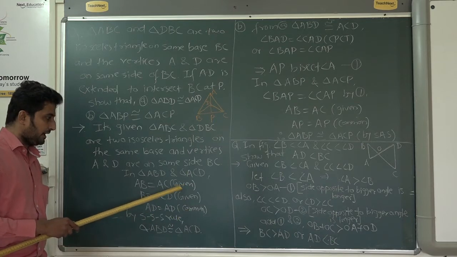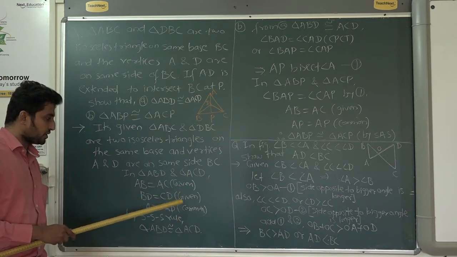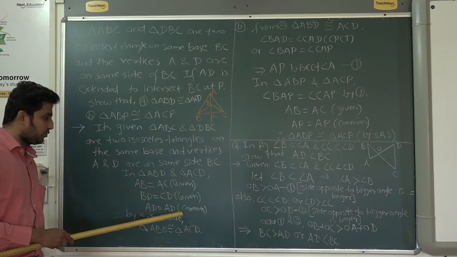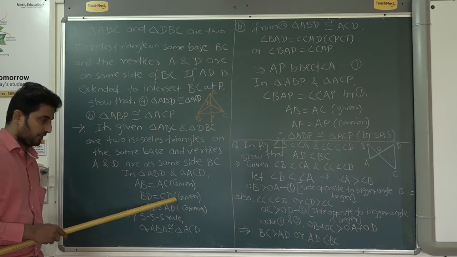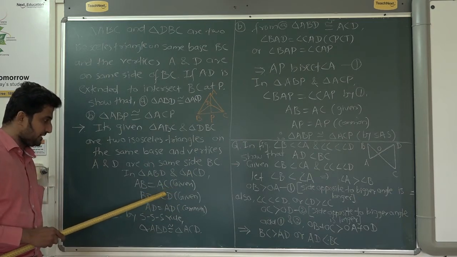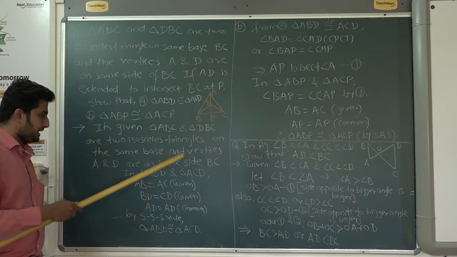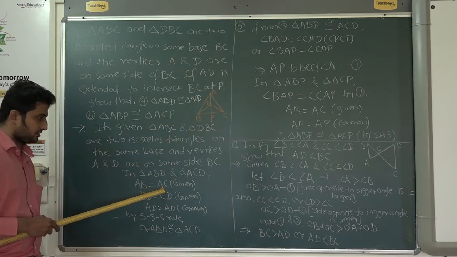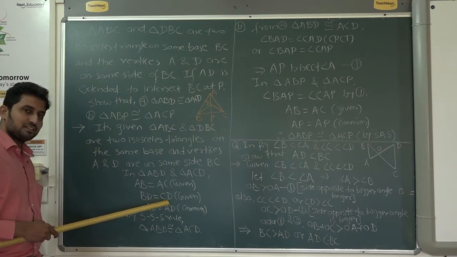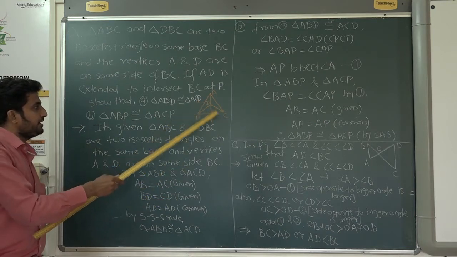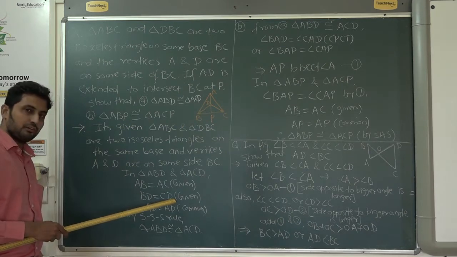Now, if you watch all these equalities very carefully: side AB equals side AC, it is given. Side BD equals side CD, that is also given.